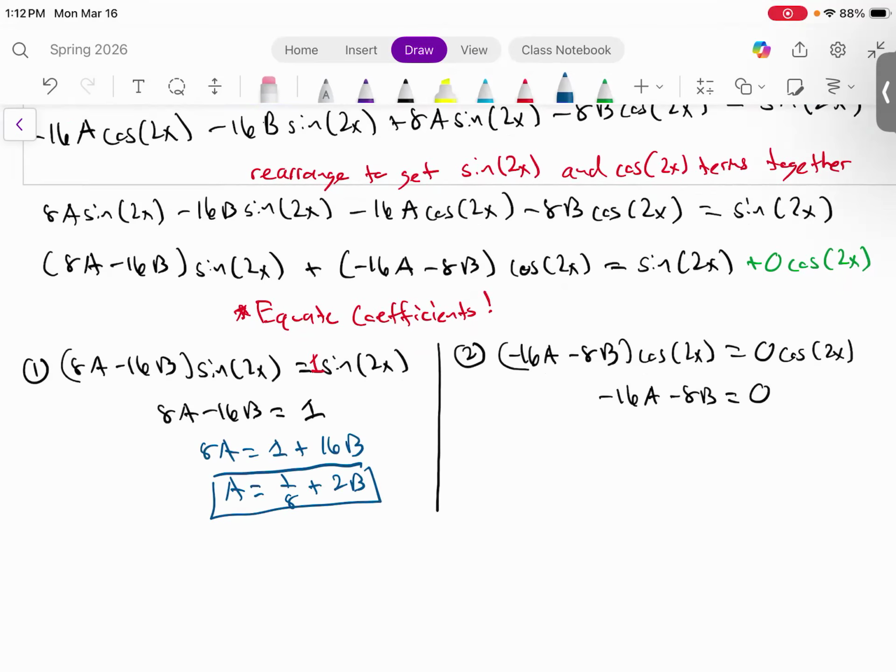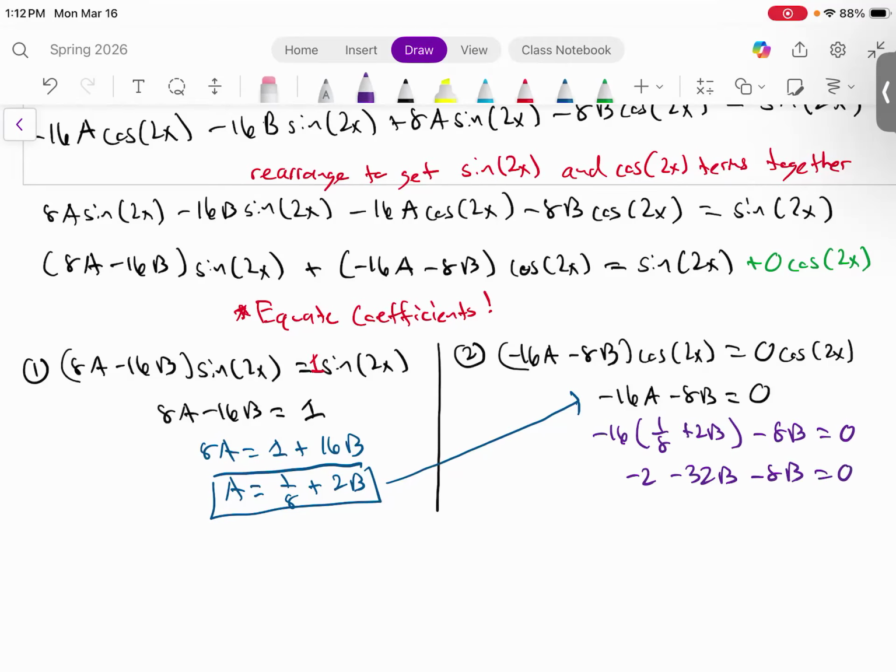Okay, so I'm going to use this a that I solved for, and now plug it into my second equation, and I'm going to solve for b. So what this becomes is negative 16 times 1/8 plus 2b minus 8b equals 0. And when I multiply in that negative 16, this becomes negative 2 minus 32b minus 8b equals 0.